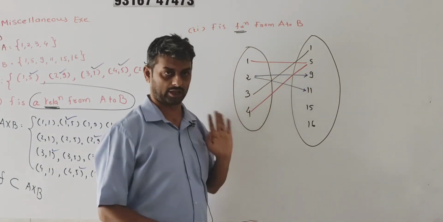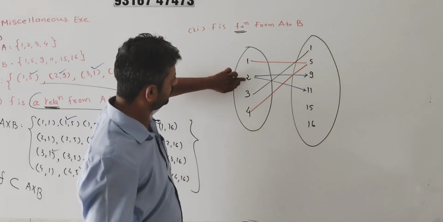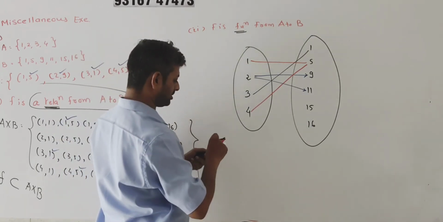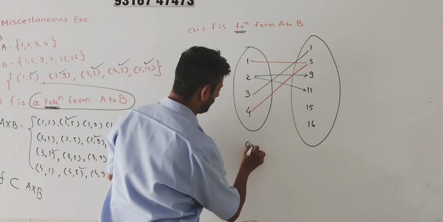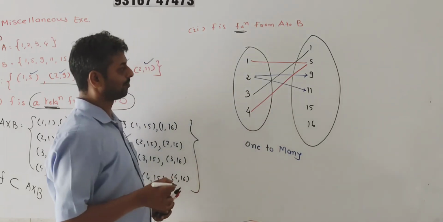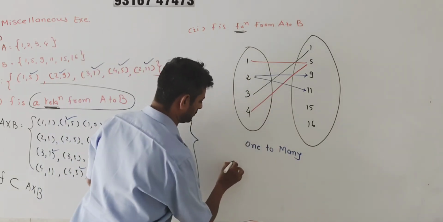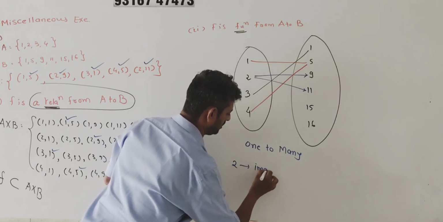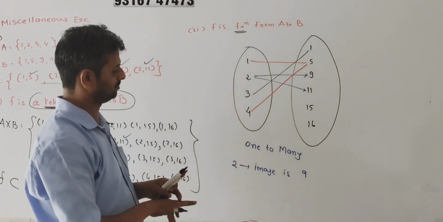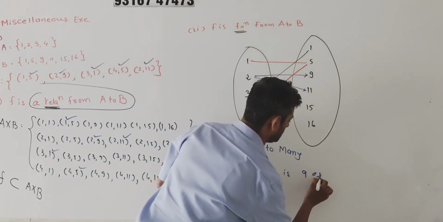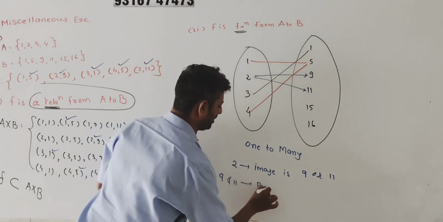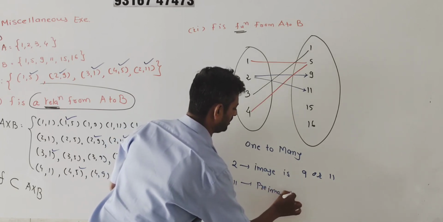Here 1 is okay, but for (2, 9) and (2, 11), the function is behaving like one to many. Because for 2 the image is 9 or 11, but for 9 and 11 the pre-image is 2.